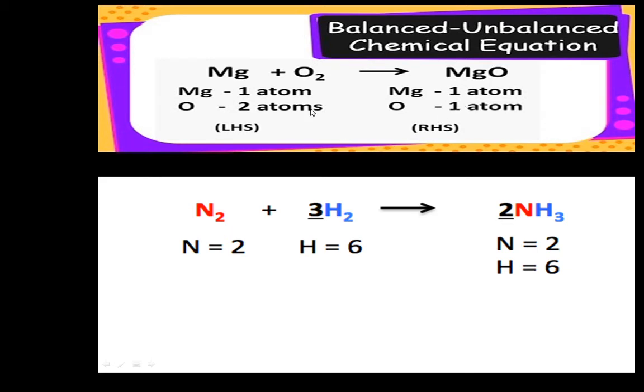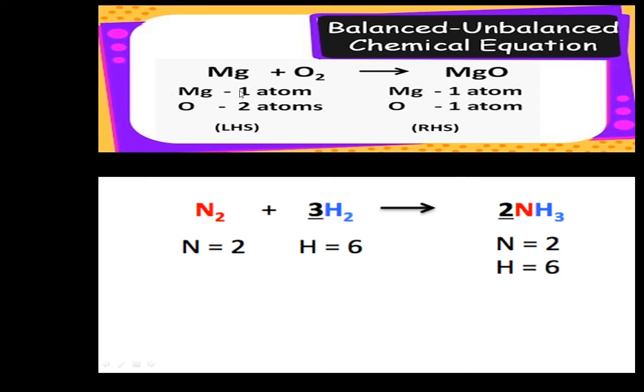To fulfill the oxygen, we have to write 2 here. So 2 MgO, but in this case also there is 1 magnesium, so we have to write 2 here. So 2 Mg plus O2 will give 2 MgO.